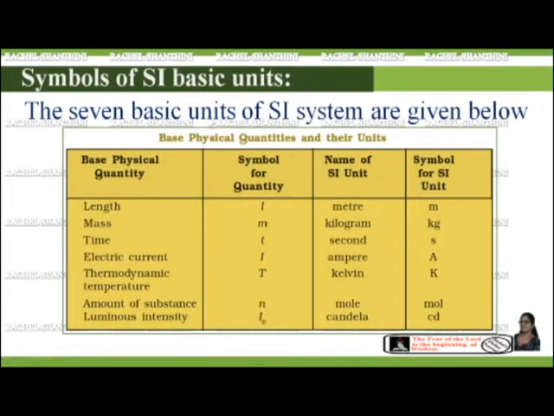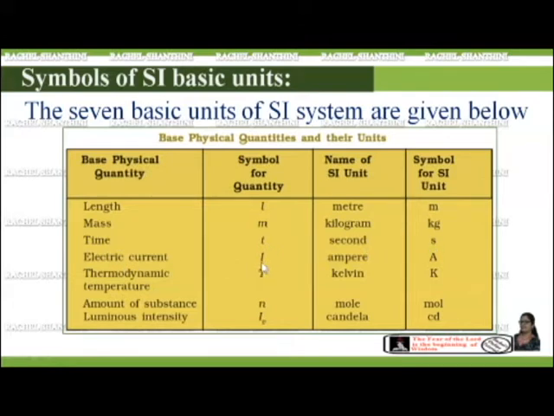The 7 basic units of SI system are given below. They are length, symbol L, SI unit meter, symbol m. Mass, symbol m, SI unit kilogram, symbol kg. Time, symbol t, SI unit second, symbol s.